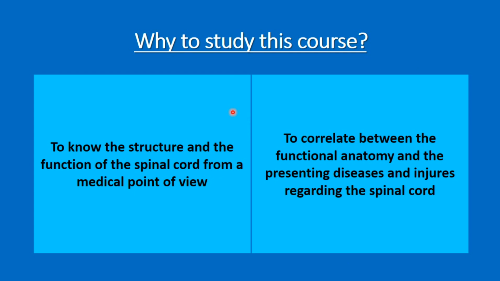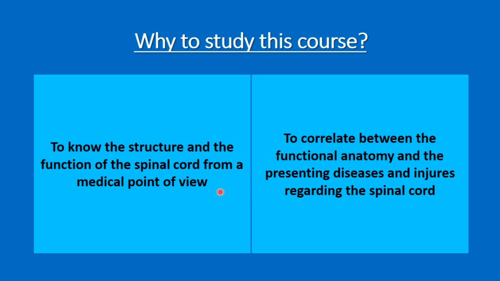So why should we choose this course, why should we study this course? First of all, it is to know the structure and the function of the spinal cord from a medical point of view, and then to correlate between the functional anatomy and the presenting diseases and injuries regarding the spinal cord.